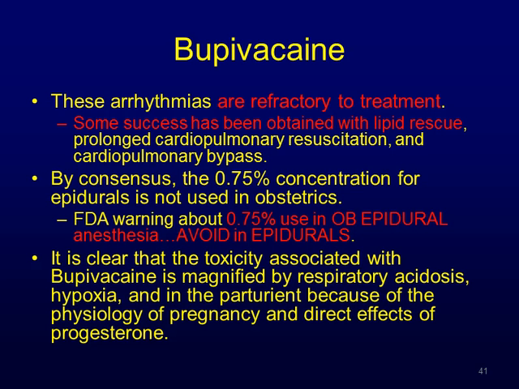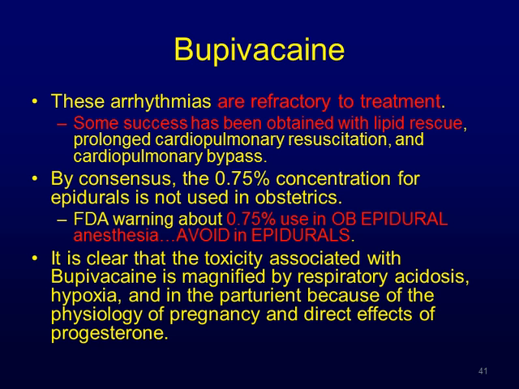Now, how did they find out that bupivacaine was so problematic? So a couple decades ago, they were using 0.75% routinely in labor epidurals. And if you remember the difference between an epidural and a spinal, what do you know it to be? Volume.